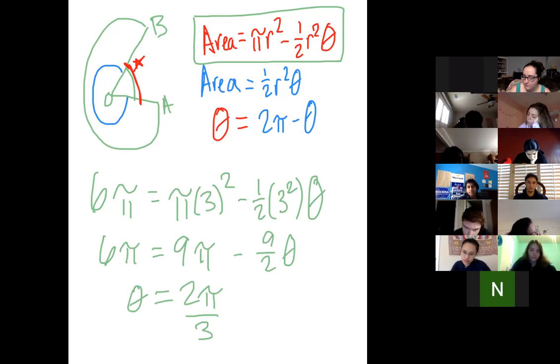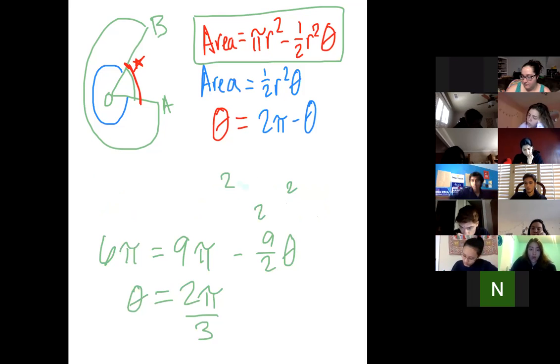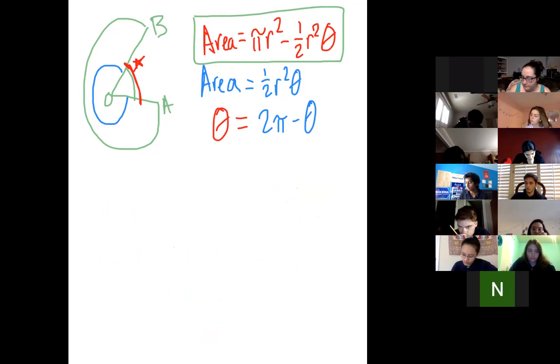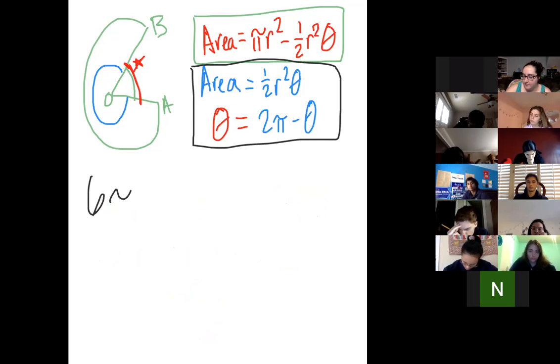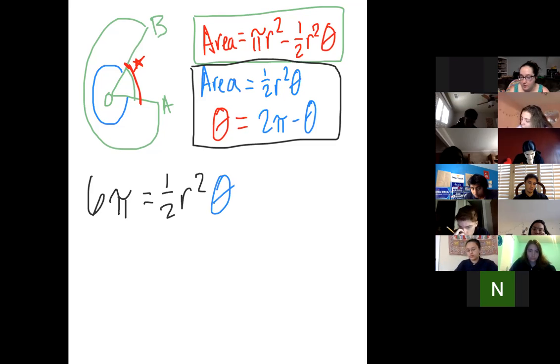Miss Thompson, can you do it the other way too? Yeah. Okay, so when I do it this way, I get that 6 pi, the area of the shaded region, is equal to 1/2 r squared of the blue angle, which is the major angle.